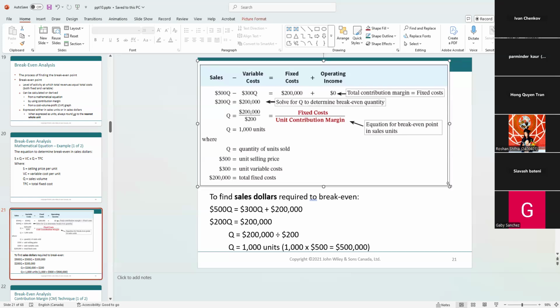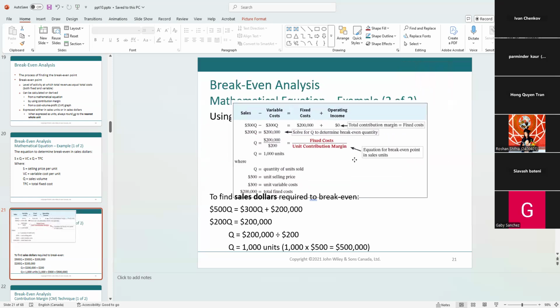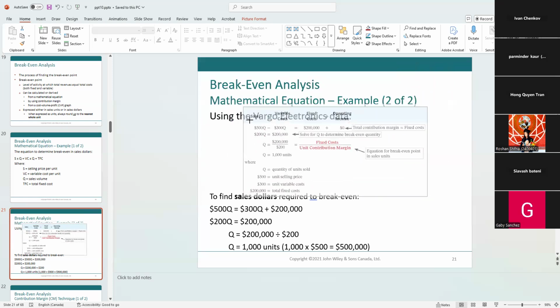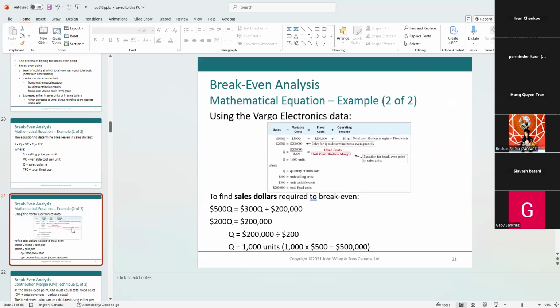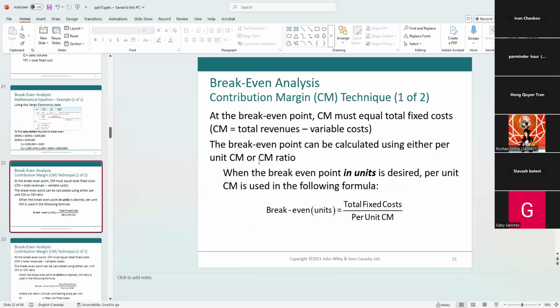Make sense? Okay. So this is the equation method, right? There's a formula method, which I showed you in the previous class or last Sunday. The formula method is very simple.